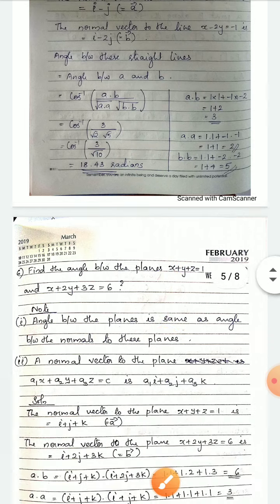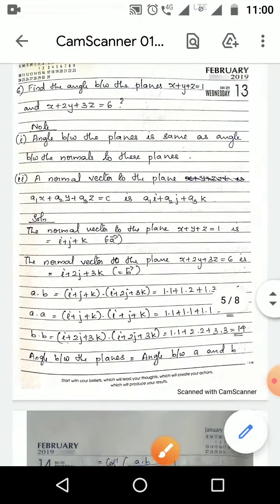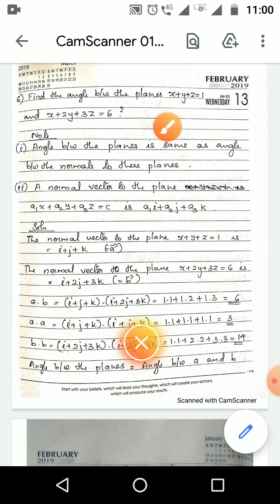Okay, look at the next question. Find the angle between the planes. In the previous question we found the angle between two straight lines. The planes are x plus y plus z equals 1 and x plus 2y plus 3z equals 6. The angle between the planes is the same as the angle between the normals to these planes, and a normal vector to the plane a1x plus a2y plus a3z equals c is a1i plus a2j plus a3k.